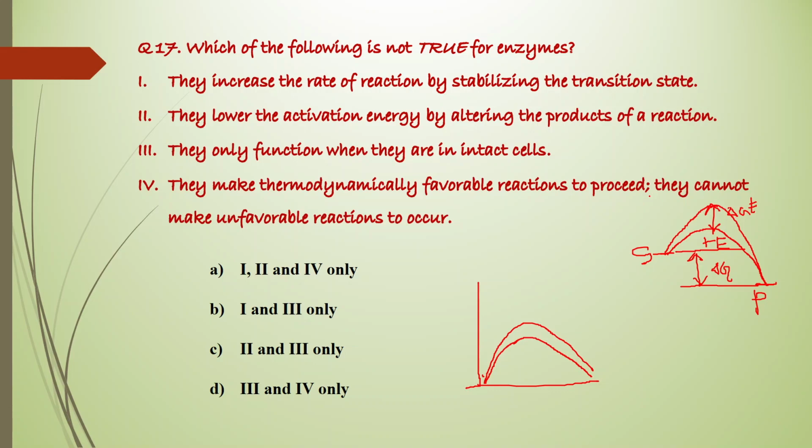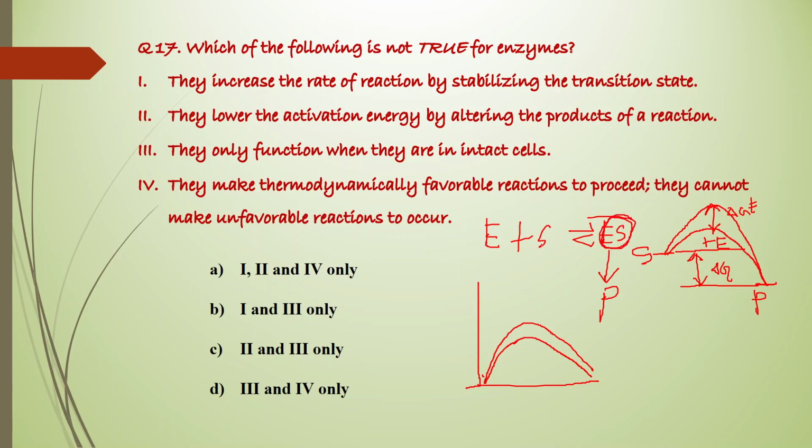So the first statement states they increase the rate of the reaction by stabilizing the transition state. Absolutely yes, because what is the basic reaction? Say E plus S to ES, and from ES we are getting P. So this is our transition state.